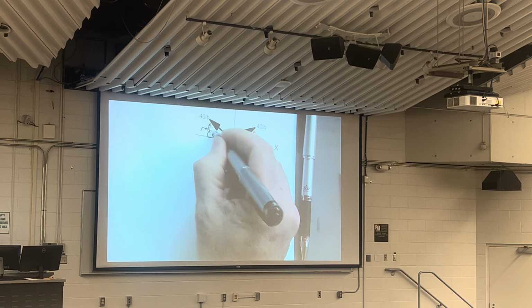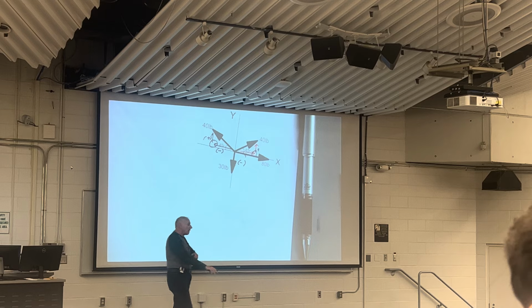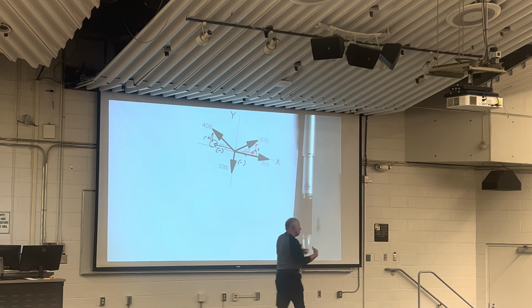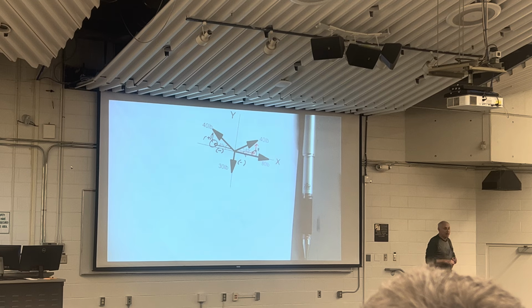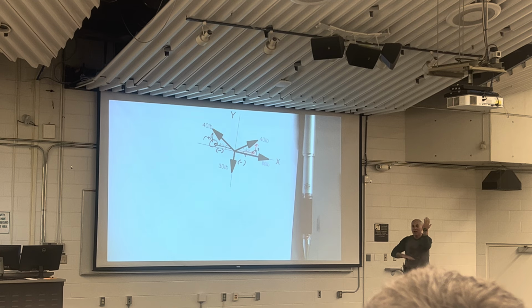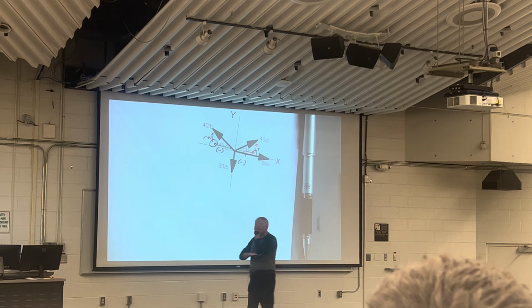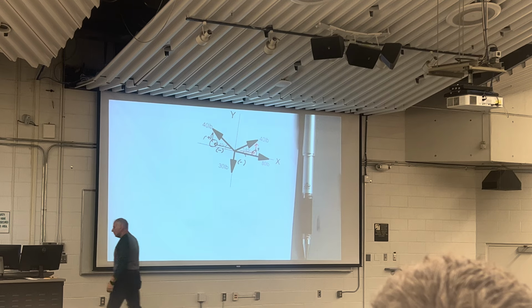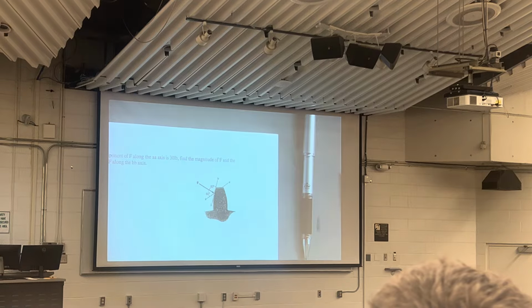Notice, head to tail, head to tail. You're still obeying the parallelogram rule when you do components, because when you break things up, you've got to break them up so that the components are head to tail to each other. Okay? Yes? All right. Next problem.